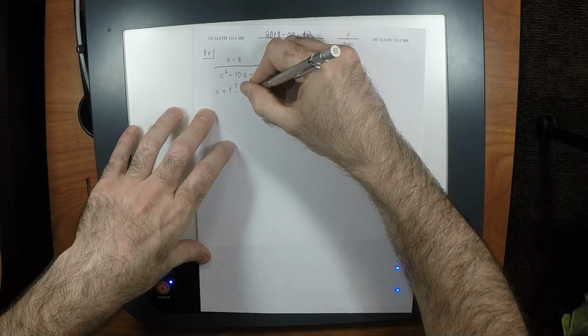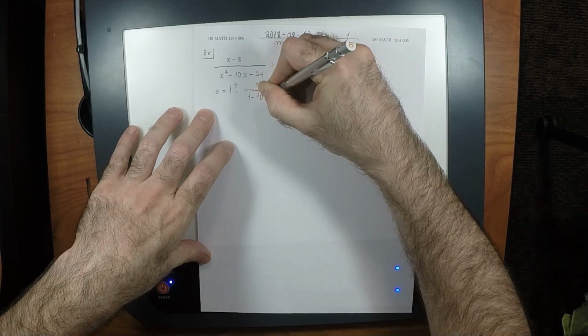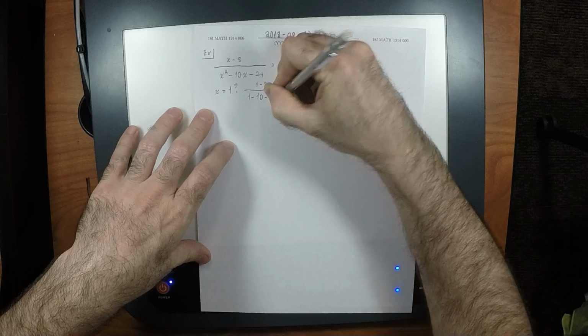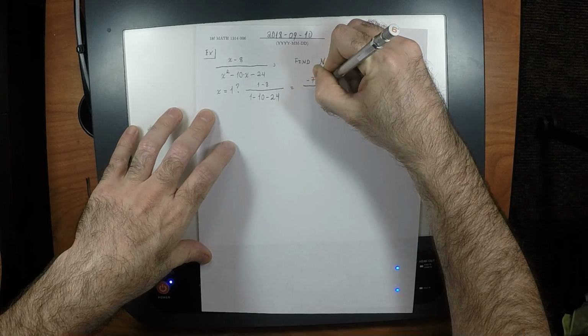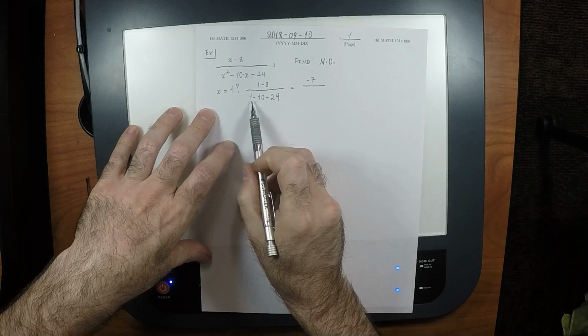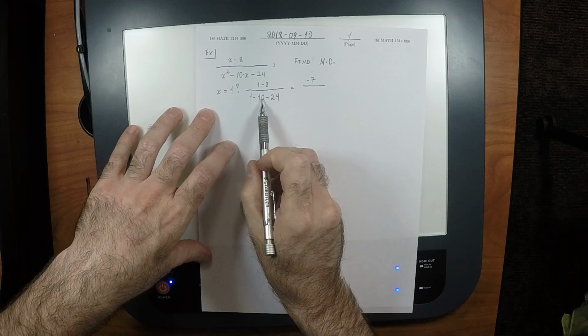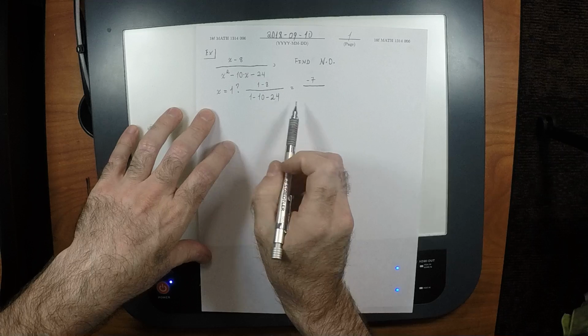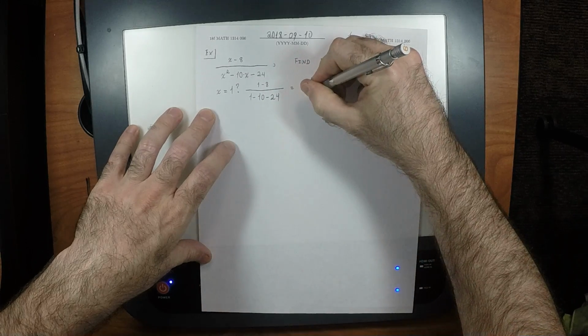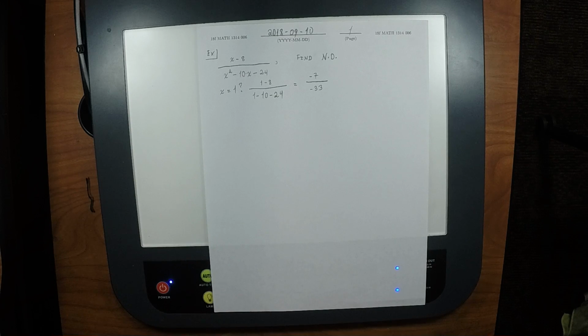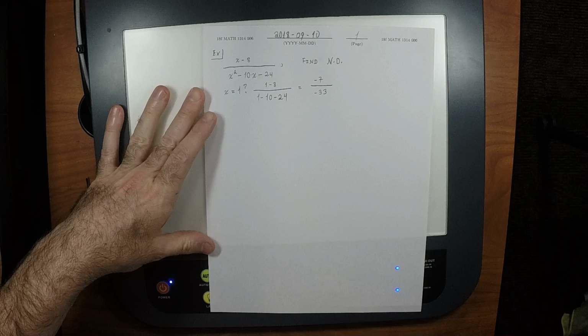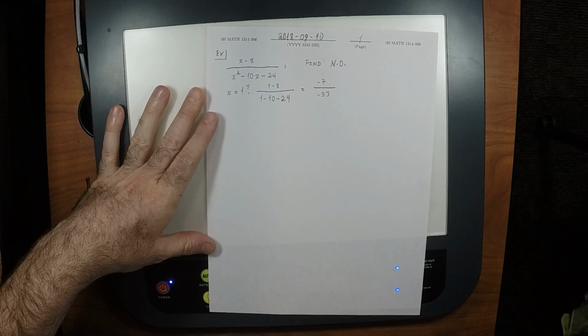In the denominator that'd be 1 minus 10 minus 24, so 1 minus 34, which is negative 33. Is that a number? Yes, it is, so it's fine to plug in 1.